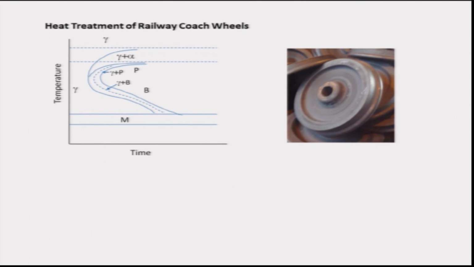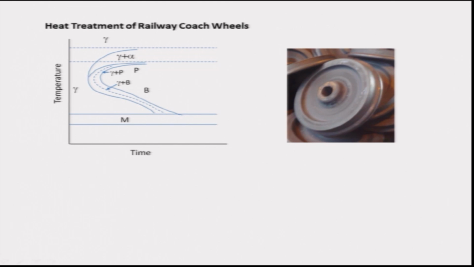Another example is heat treatment of wheels for railway coaches. These are photographs of some real wheels, and here again we try to modify the surface so that the rim has a somewhat different structure compared to the core, but here we do not produce any martensite.